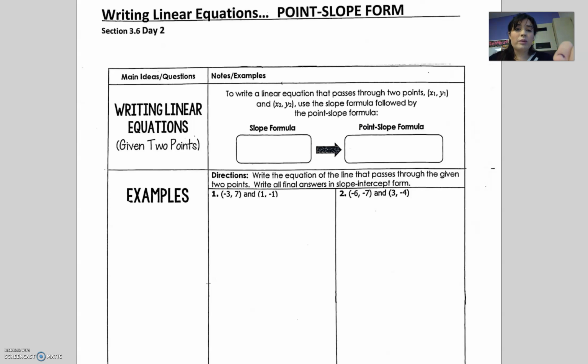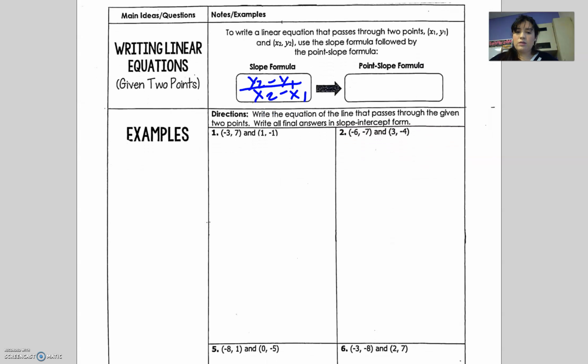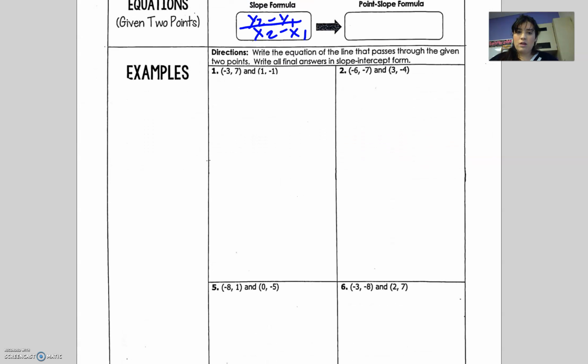So our slope formula that we just discussed is y2 minus y1 over x2 minus x1. Alright, so let's do number 1. Oh, and let's not forget our point-slope formula is y minus y1 equals m times x minus x1.